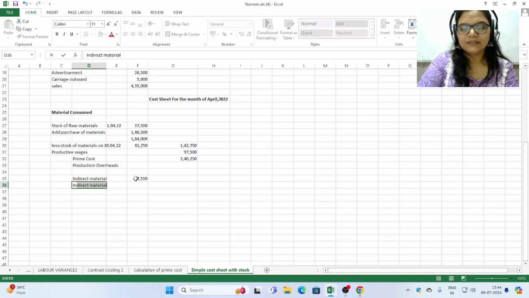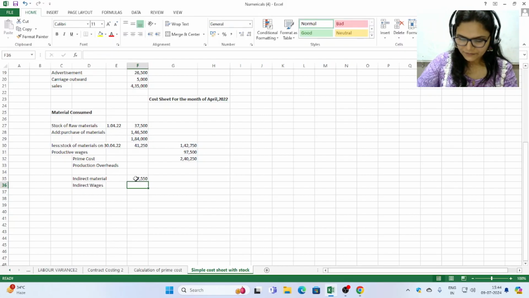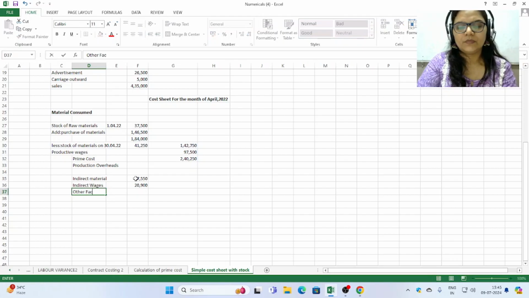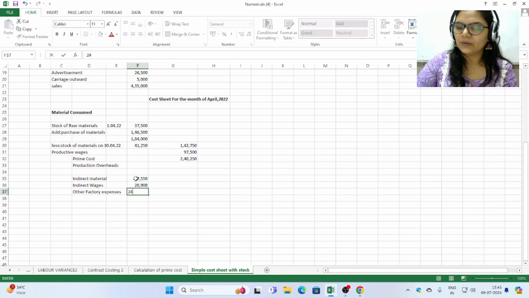Then indirect wages, we have 20,900. Next is other factory expenses. We have 24,800. Now we got the value of 63,250.